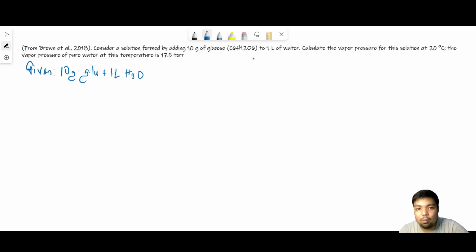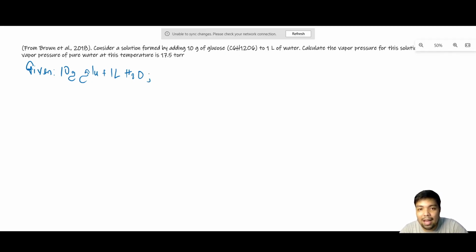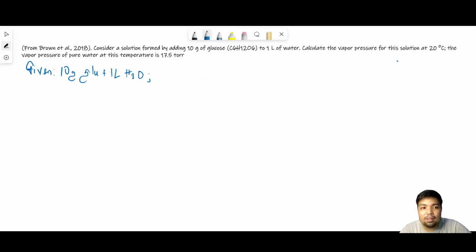Because we added 10 grams of glucose to 1 liter of water, then we know that the vapor pressure of pure water is indicated here, which is 17.5 torr.